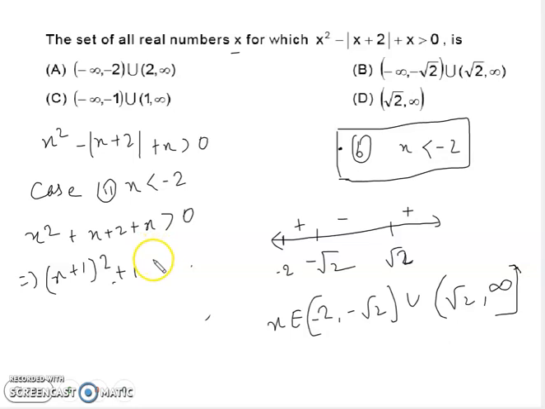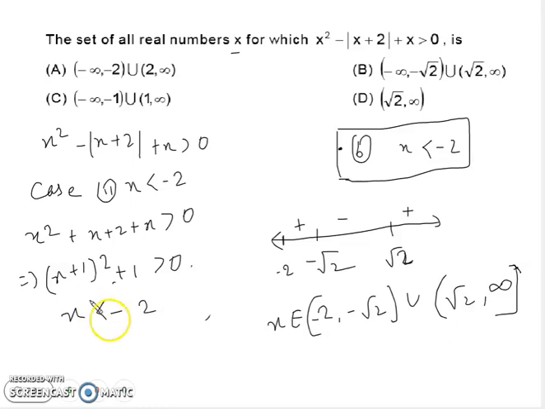Are you getting my points? So this equation is always satisfied for x less than minus 2.